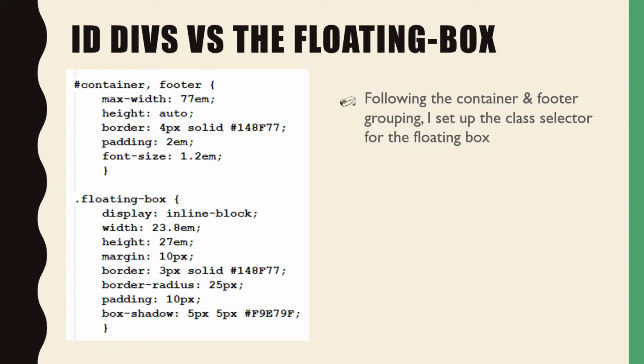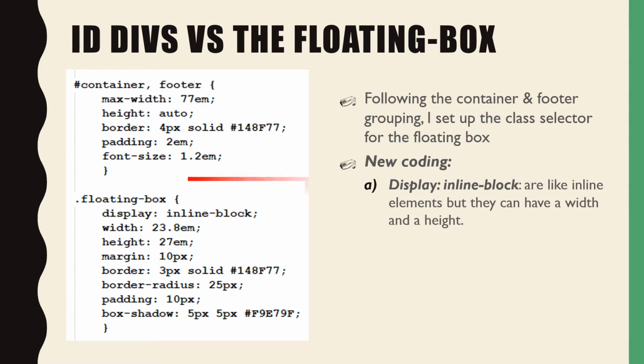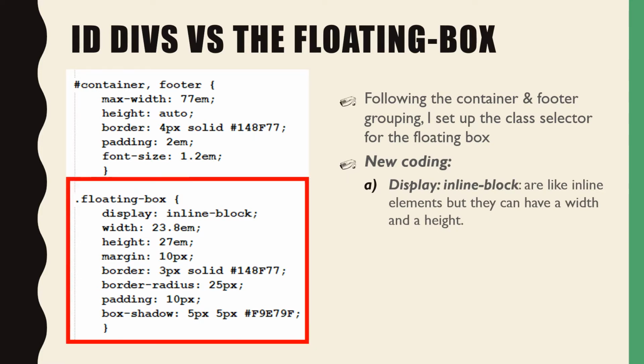Following the container and footer grouping for CSS, I set up the class selector for the floating box. The new coding that you probably are not familiar with is display: inline-block. This is like the inline element, but this one can actually have a width and a height.